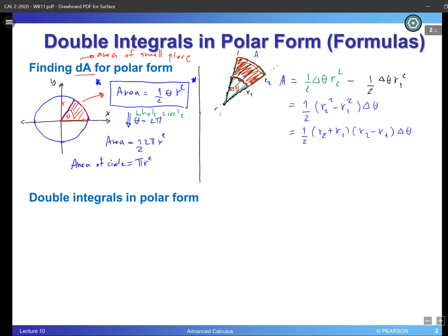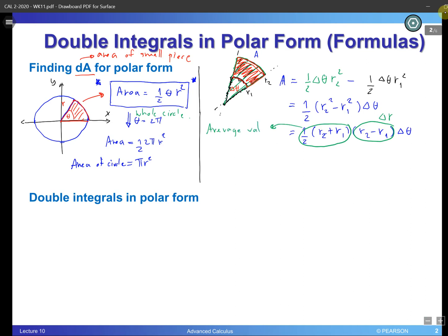Now this term r2 minus r1 is going to be the change of r, which is delta r. Alright, and now let's take a look at this one. 1 over 2 times r2 plus r1, this is going to be the average value of r.